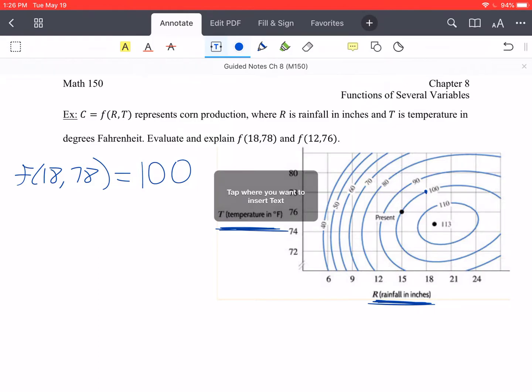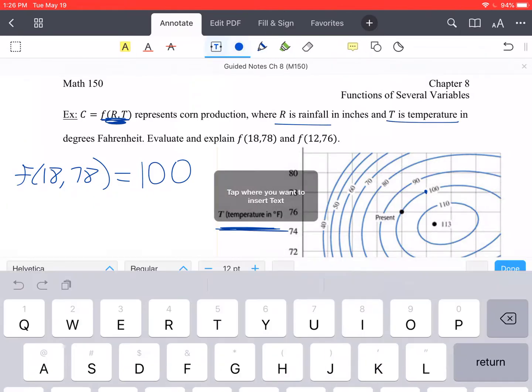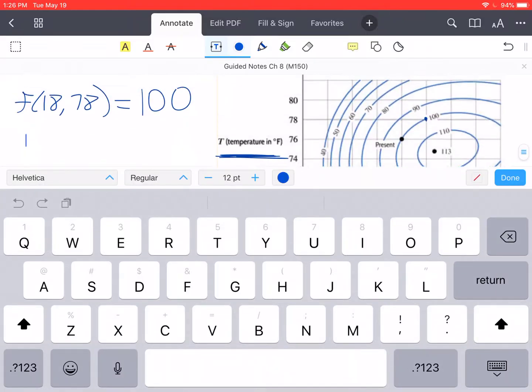All right, so now what does this tell us? Well, if you look back at the original, this is f of r comma t. So r is rainfall, t is temperature. In this case, r is 18, t is 78, and the output is 100.